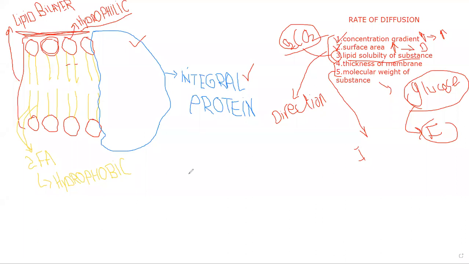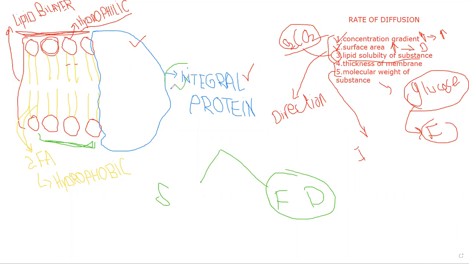Diffusion can be classified into two types: simple diffusion and facilitated diffusion. Simple diffusion takes place through the lipid bilayer, not involving the integral proteins, and facilitated diffusion involves integral proteins, which act as carrier proteins which transport the substance.